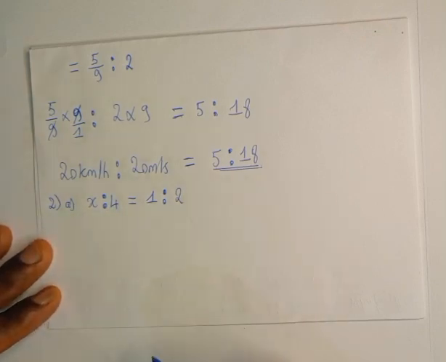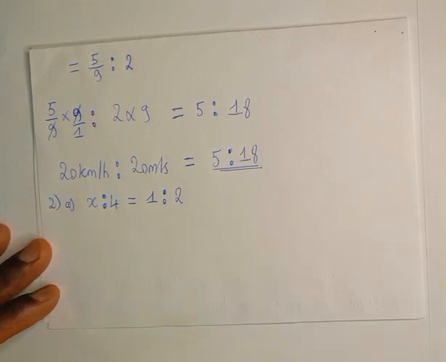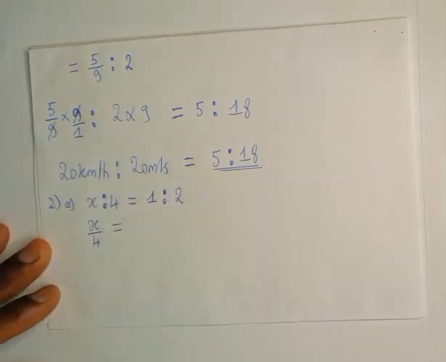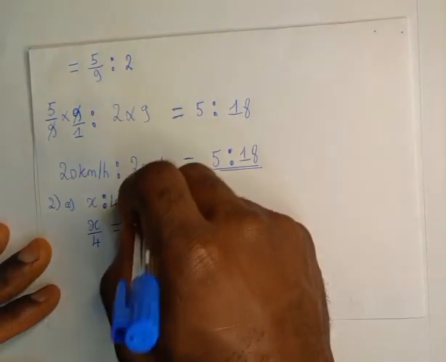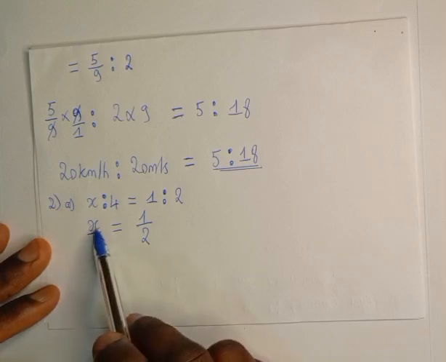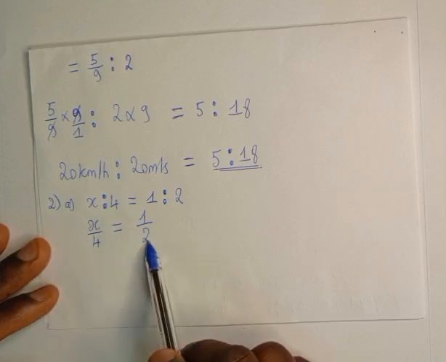Solving this problem mathematically, we are going to start by expressing the left hand side and the right hand side in the fractional form. This will give us x over 4 is equal to 1 all over 2. At this level, the next thing we are going to do is we are going to perform cross multiplication. We are going to take the numerator of the fraction at the left hand side, we multiply it by the denominator of the fraction at the right hand side.